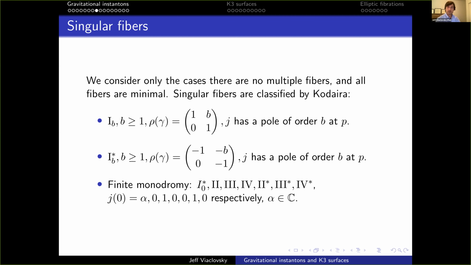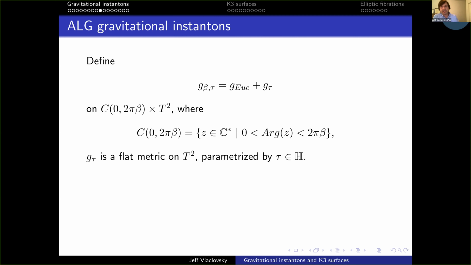So that's a very quick review of Kodaira's theory, but we need that to even define this next class of examples. We had ALE, ALF, so the next letter is ALG. Here we'll define the model metric g sub beta comma tau, which depends on two parameters.